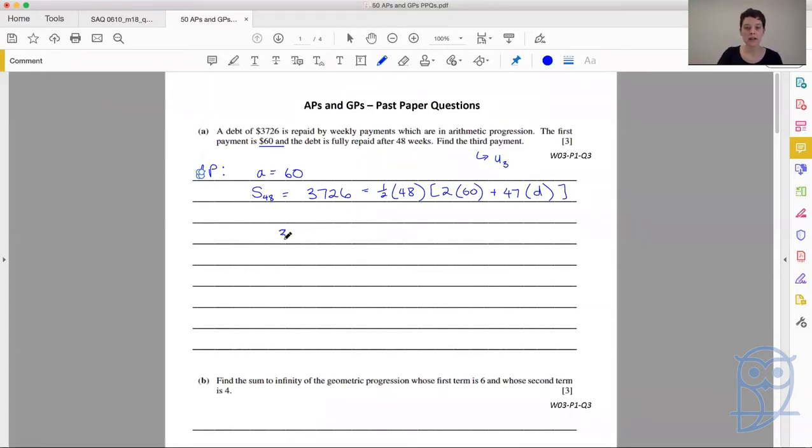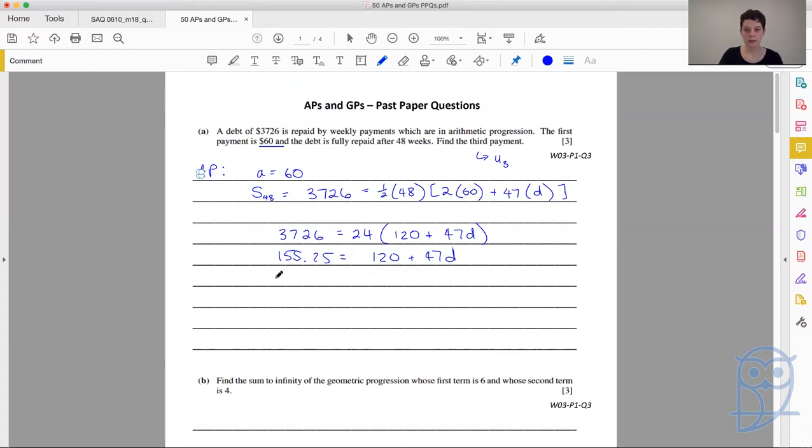So 3,726 equals half of 48, which is 24, times (120 plus 47d). We can divide through by the 24, giving 155.25 equals 120 plus 47d.